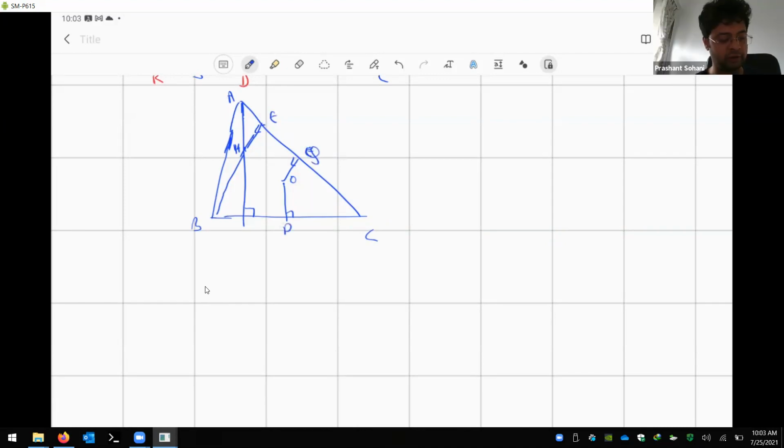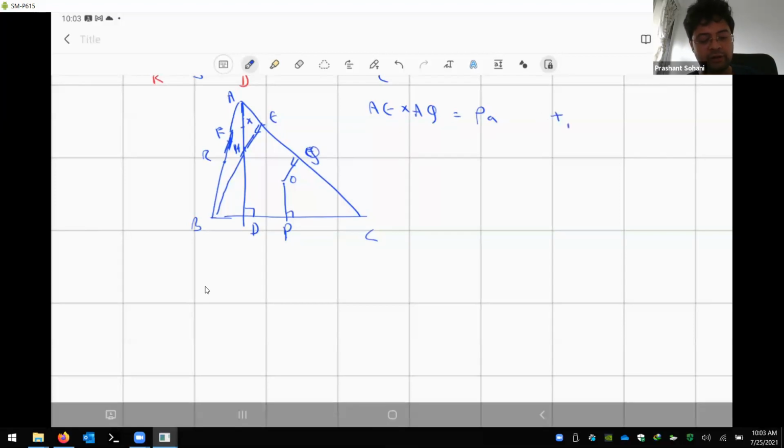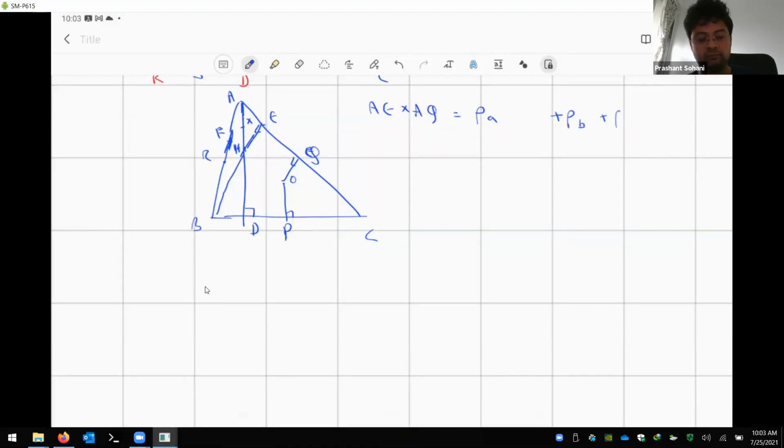We could call the midpoints P, Q, R, the feet of the altitudes D, E, F, and the other ones X, Y, Z. So AQ into AE, that will be the power of A, I think the notation I've used is rho A. And similarly, I can find rho B, rho C and add them. So it's just a matter of computing this quantity.